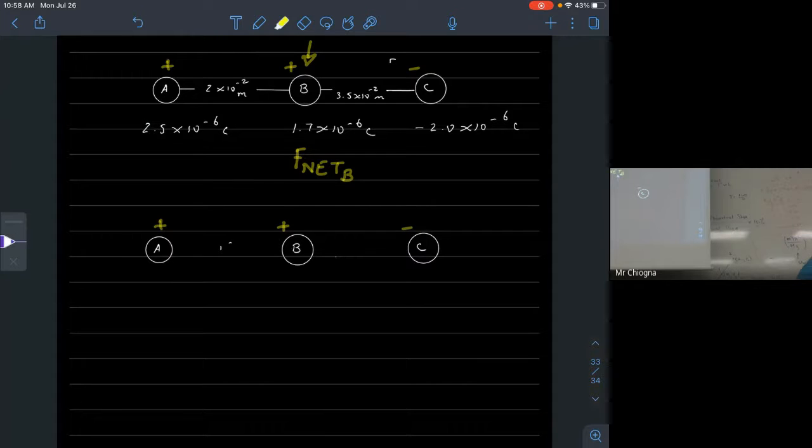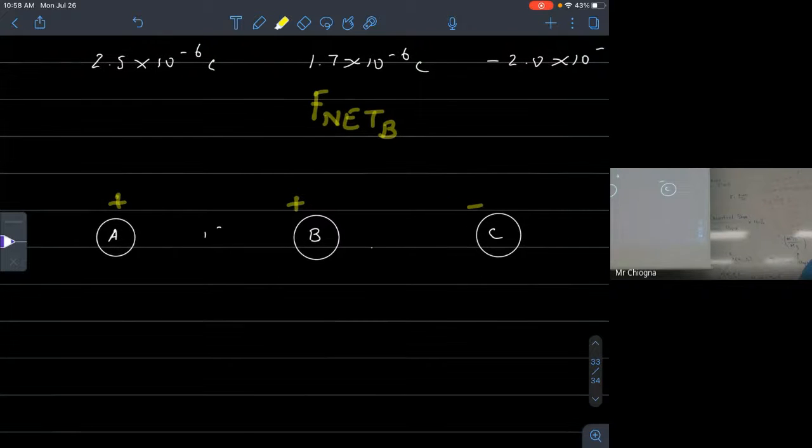You have the force on B due to C. So what's important is whatever comes first, that's what, in this case, is in the middle. That's what's being acted on.